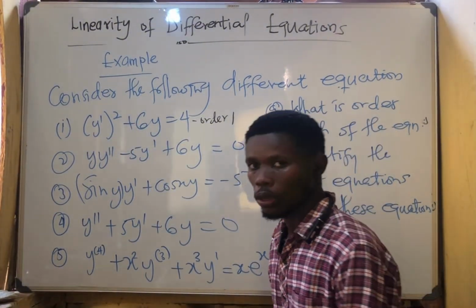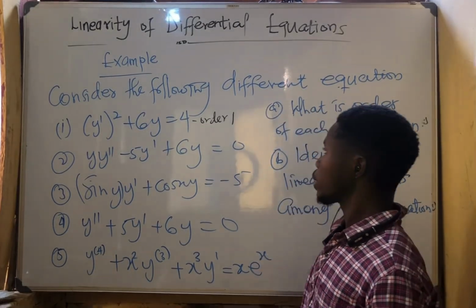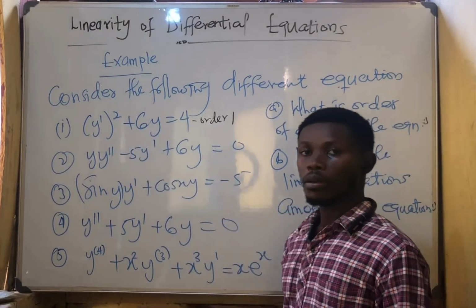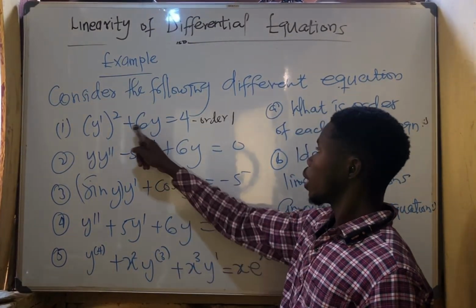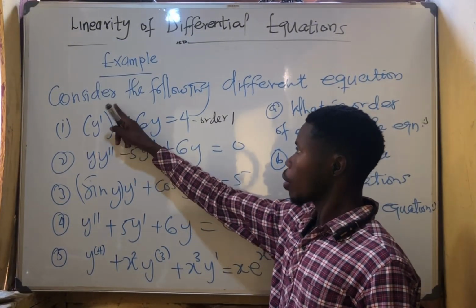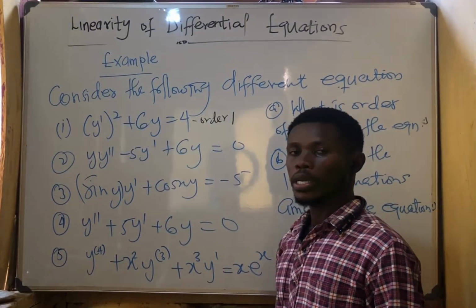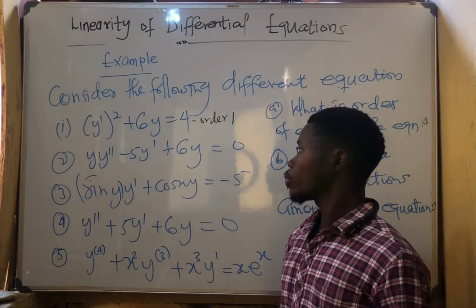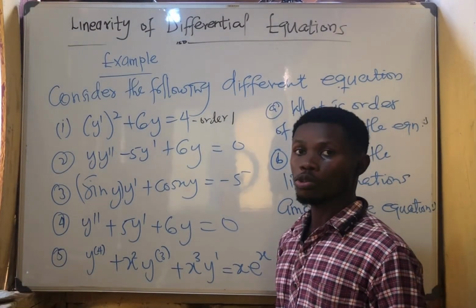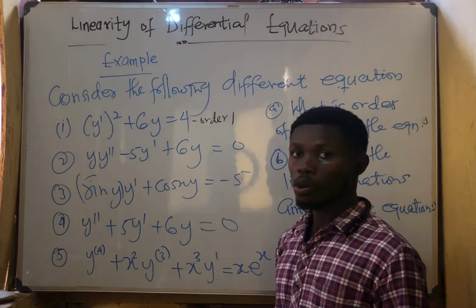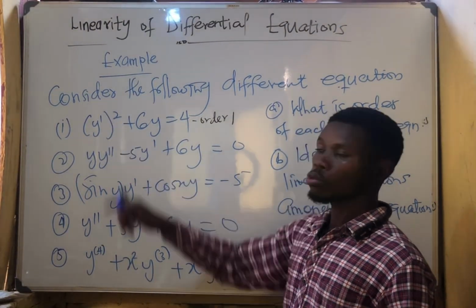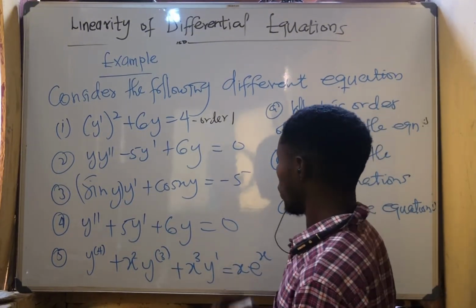Is it linear or non-linear? This is non-linear because this one is having power of 2. But we said that the derivative and that of the dependent variable should be first degree only. But once it's having power 2, it becomes what? Non-linear.